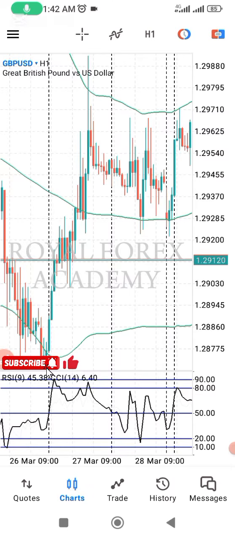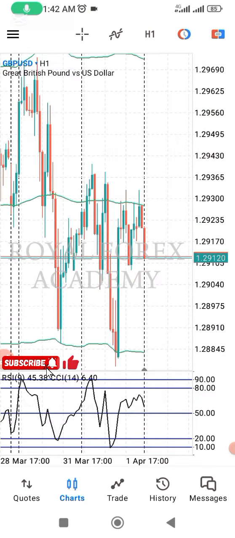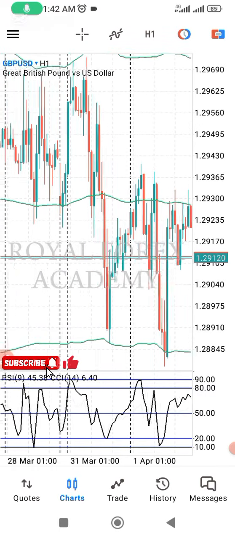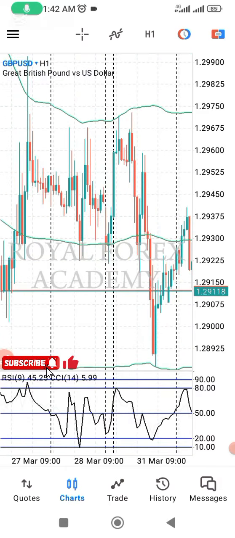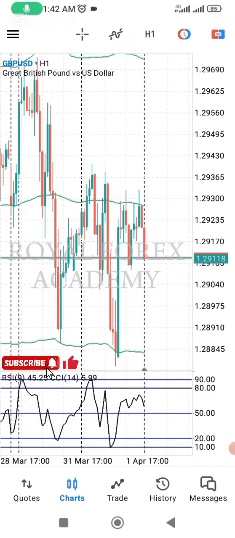First is for us to determine the trend of the market. So I don't want to take you back to history. We analyze based on recent price condition. So looking at this, price is obviously giving us a down move based on this time frame.